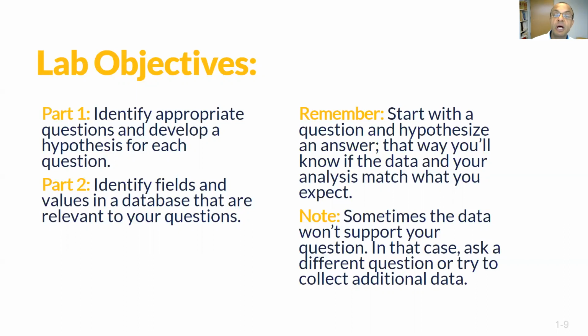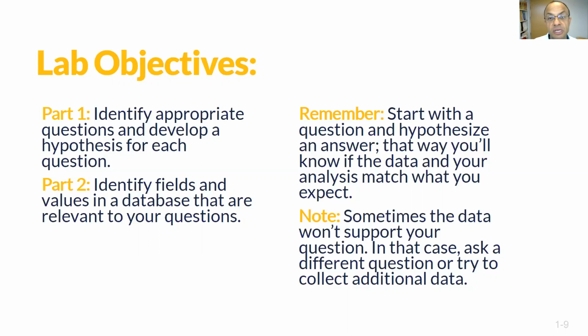And then you ask, what are the fields I need to collect to support this answer? For example, you can get the customer's member number, the number of credit accounts a customer might have, and the customer's total available credit. So you ask the question, hypothesize the answer, and collect the data that will help you to validate your answer.